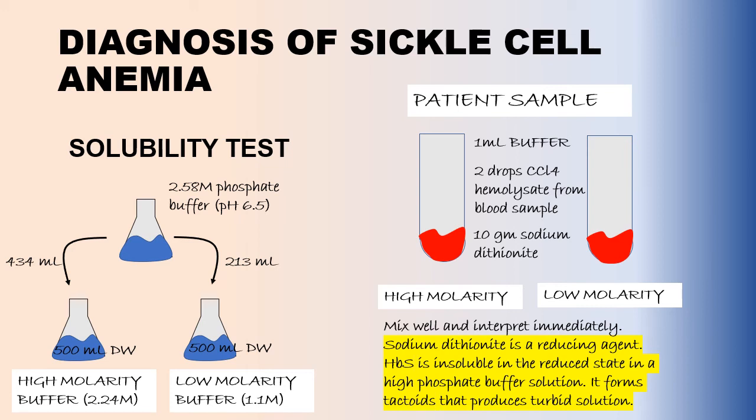Mix well and then allow it to stand. We then look for presence of turbidity within the test tube. Hemoglobin S is an insoluble hemoglobin in its reduced state, and hence it forms tactoids that give a turbid appearance to the solution.